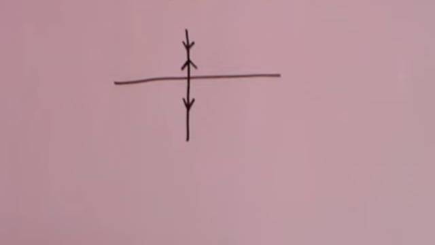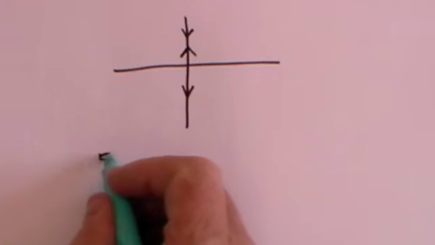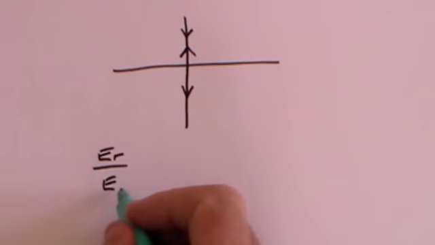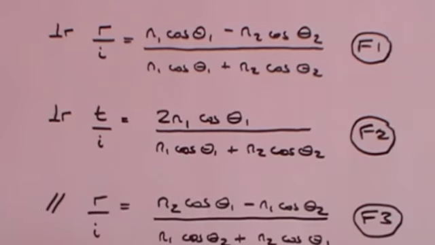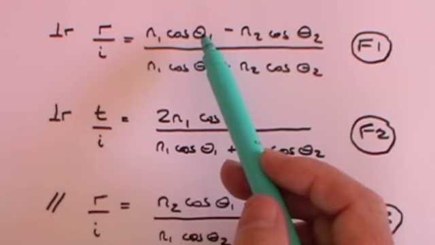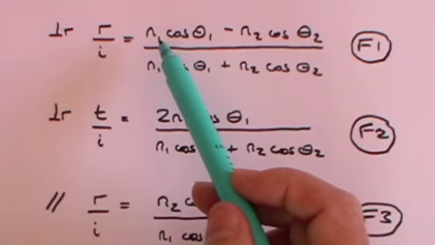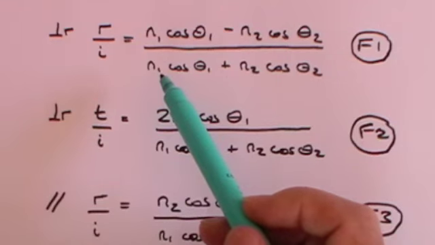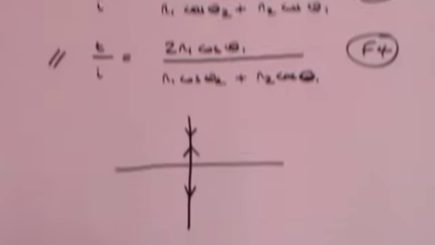Because as far as the ER divided by EI term is concerned, if you look up here, don't forget cos 0, because theta is 0, cos 0 will be 1, so this just becomes n1 minus n2 divided by n1 plus n2.